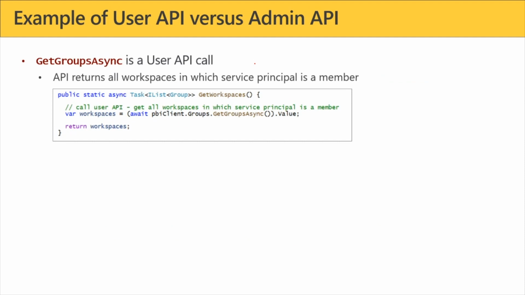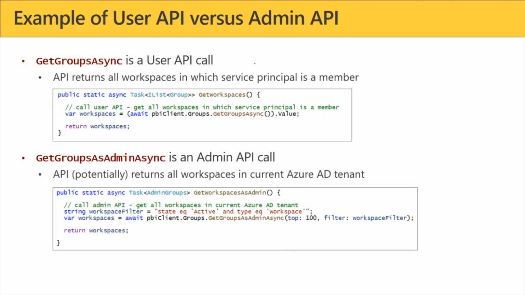So once again, here's an example of what's in the Power BI Manager class. Get workspaces just uses the user API, and it returns back just the workspaces that the caller is a member of. And then as long as you have admin API access, you're able to call get groups as admin async.